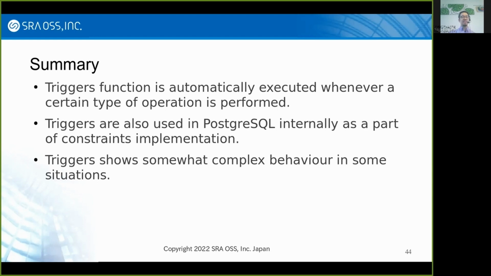You can use triggers in your application for audit logging, making business data, and making complex constraints. Triggers are also created and used in PostgreSQL internally as part of constraint implementation, such as foreign key constraints, primary key, unique constraint, and exclusion constraint.